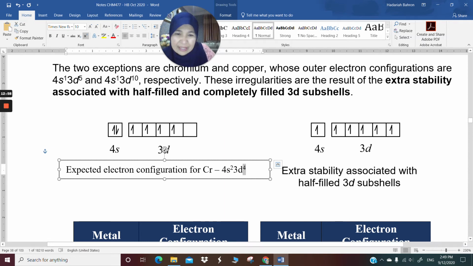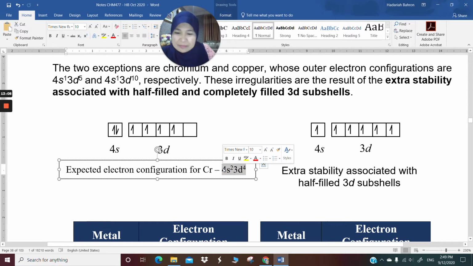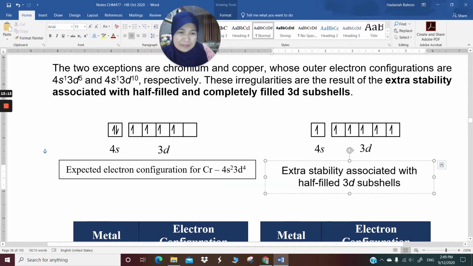But however, that is not happening. What we observe is it is 4s1, 3d5.